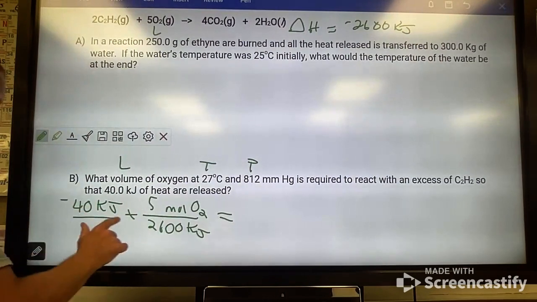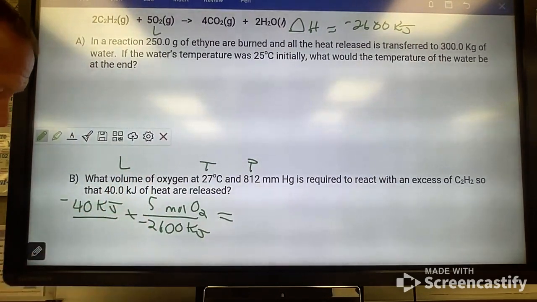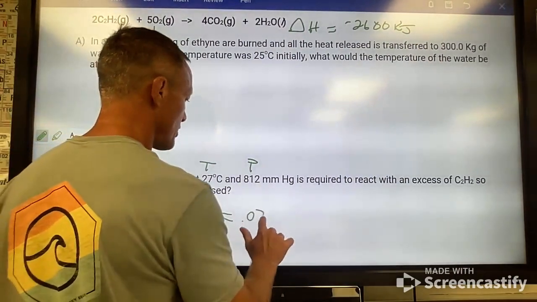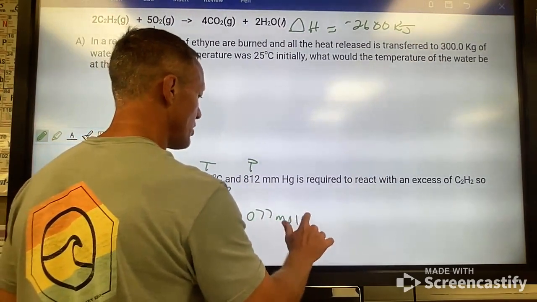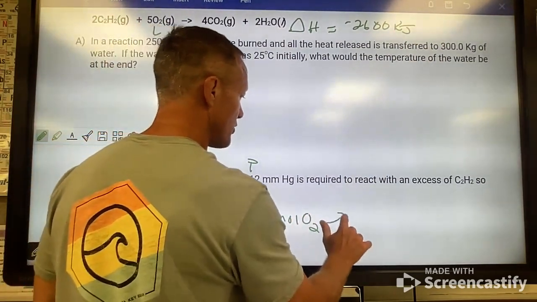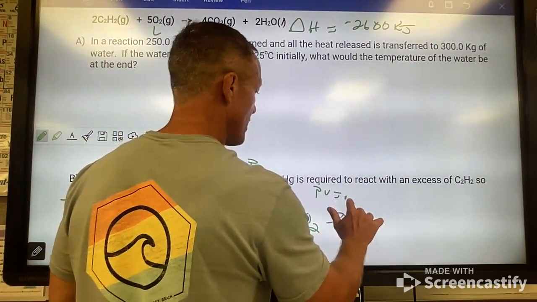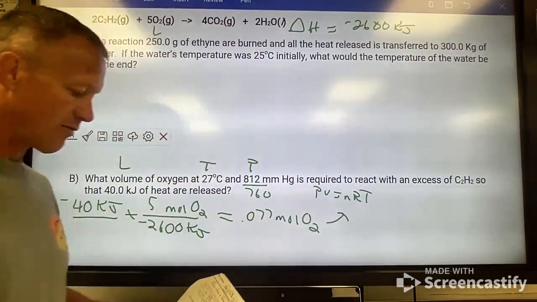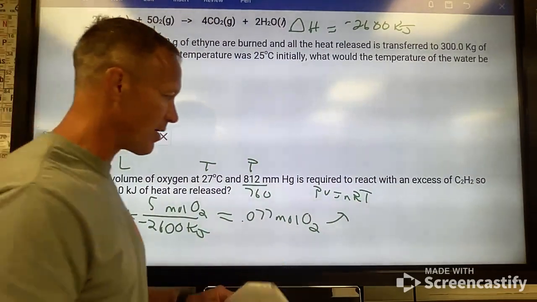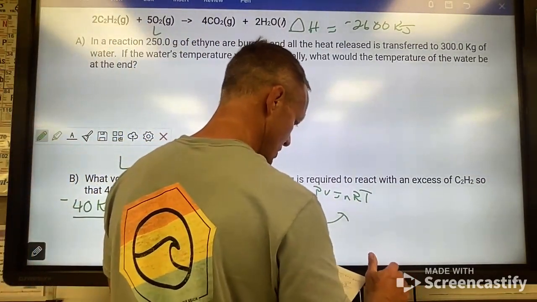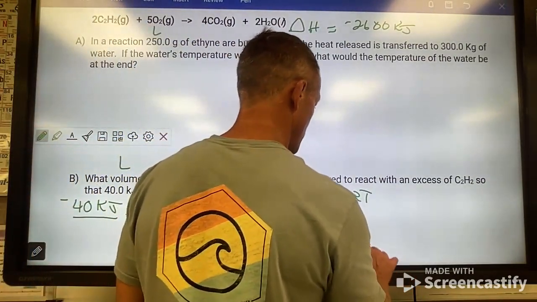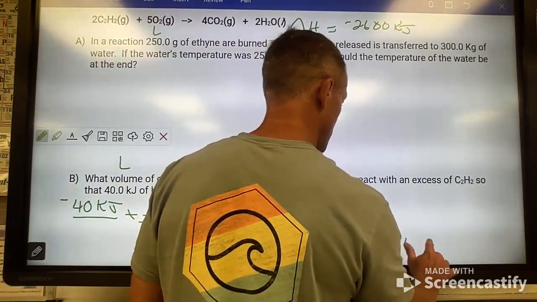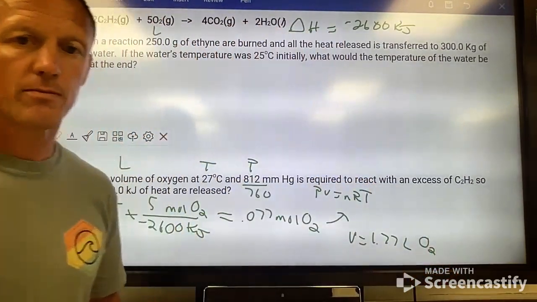Technically, this would be negative, that would be negative, not going to make a difference for moles have to be positive. 0.077 moles of O2. And then we can plug those into PV equals nRT. Don't forget, you have to take this and divide it by 760 from there. I'm not going to do that math. You guys can do that. It's about 1.77 liters. All right.